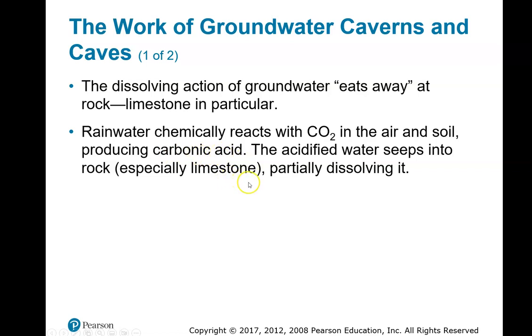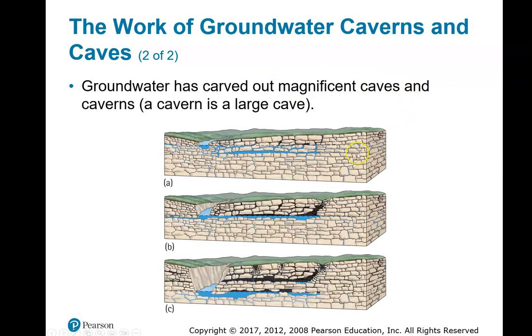If there's limestone underground, it will slowly seep away, because the acid will eat at the limestone, and that's how some of these underground caves and caverns appear. So this is a good example. Groundwater has carved out these huge, in some cases really large, caves.